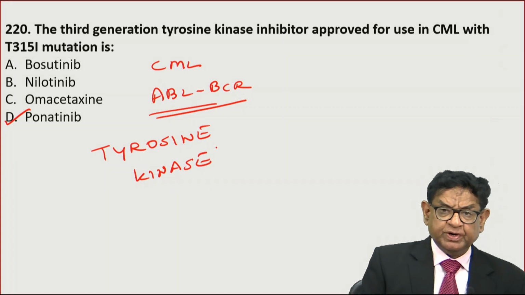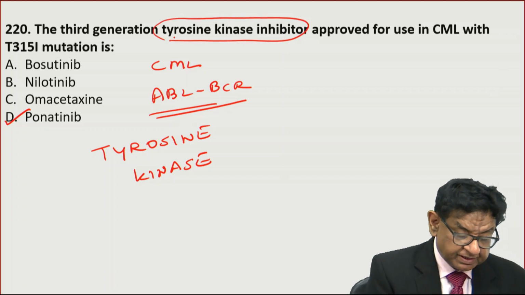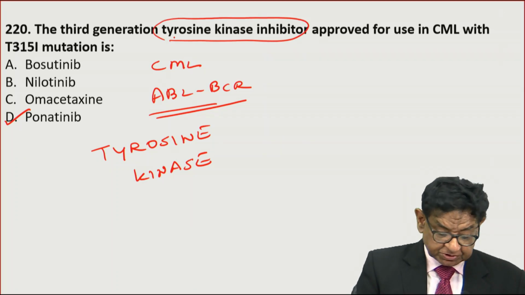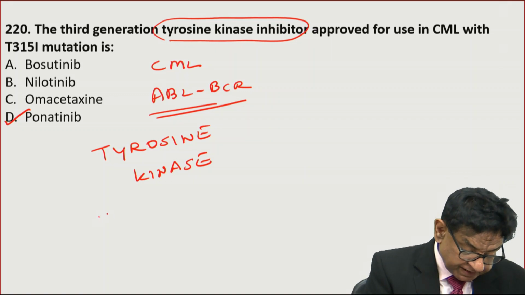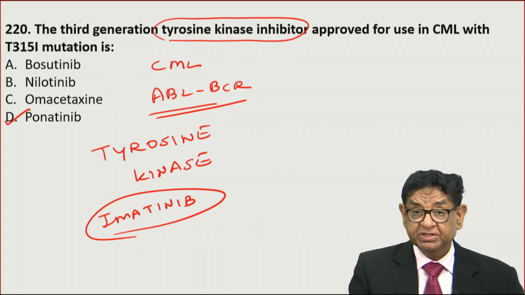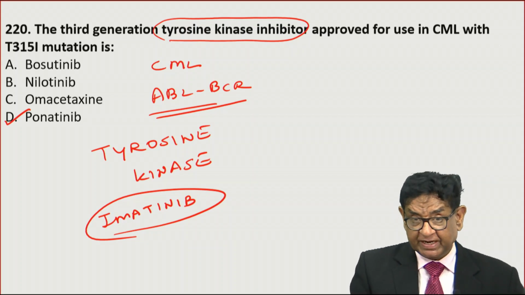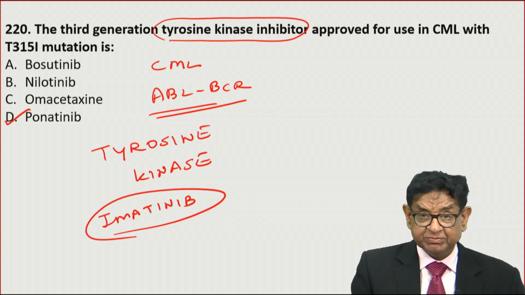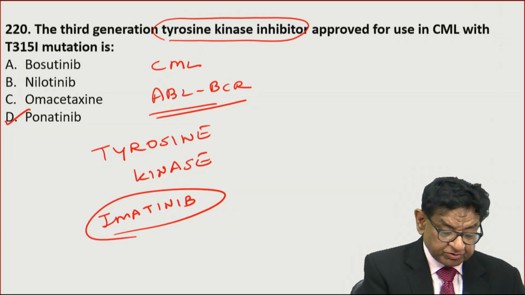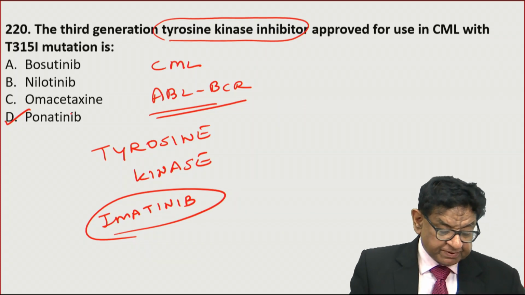That's why for the management of CML we use tyrosine kinase inhibitor drugs. The first drug which was introduced for this was imatinib. With the introduction of imatinib, the entire treatment of CML changed to a great extent. The cure rate went up to a very high percentage. As time proceeds, we get newer generations, and now the third generation is ponatinib.